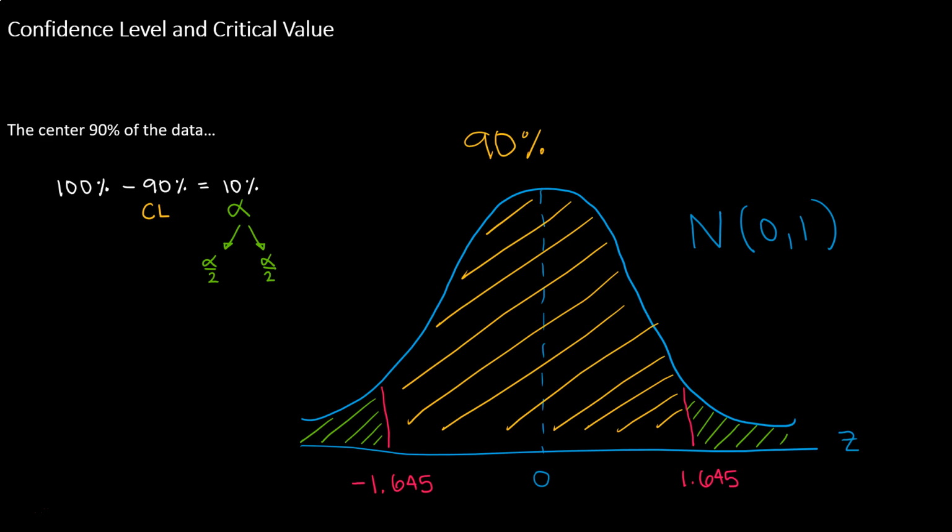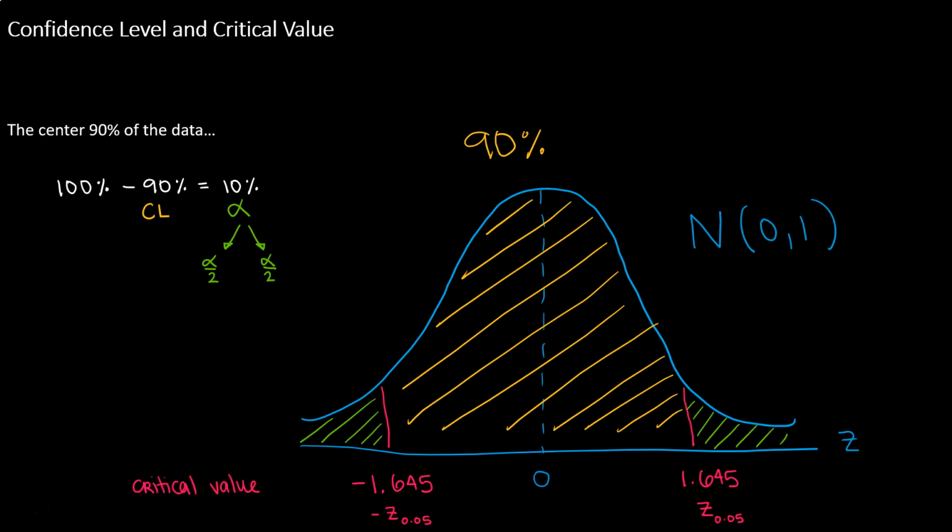The critical value that's associated with a 90% confidence level is the positive z-score that we see on the screen. Notice the two z-scores in pink, they're the same values but opposite signs. So the critical value that we use is the positive z-score.